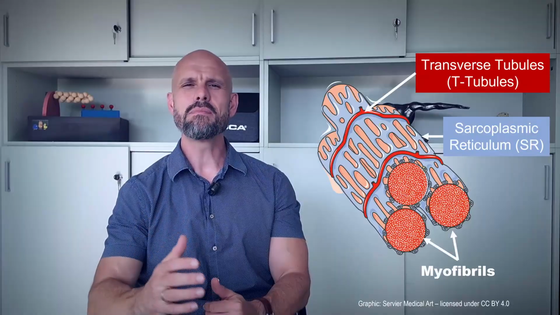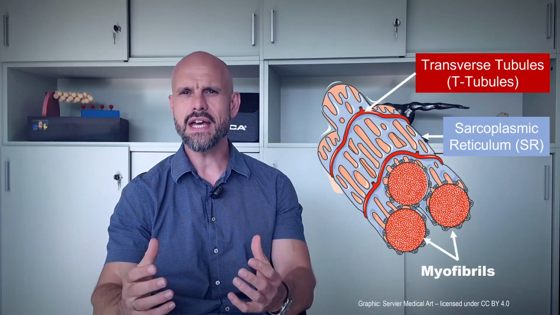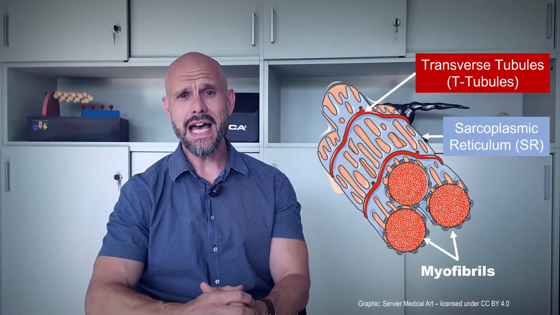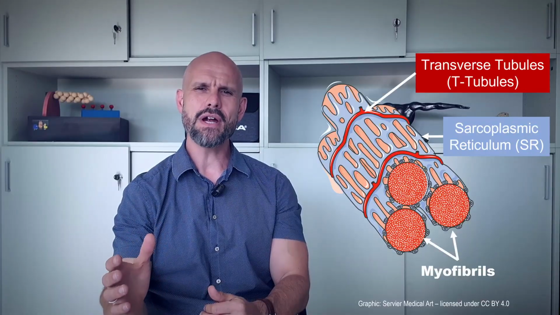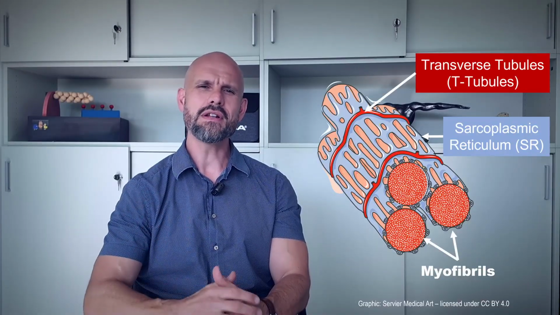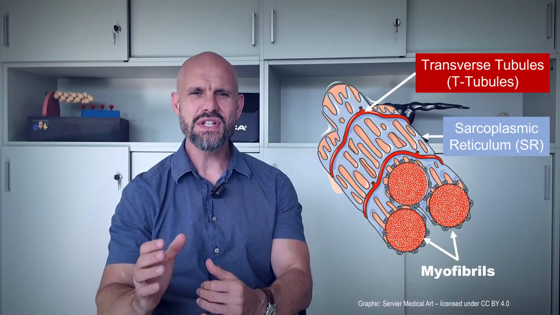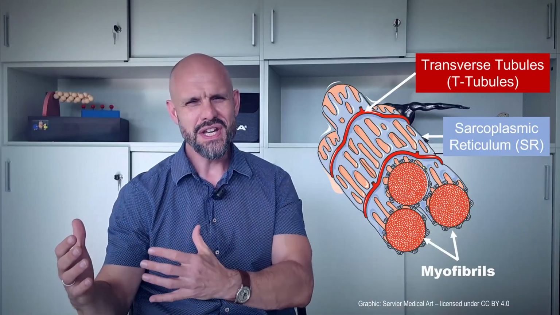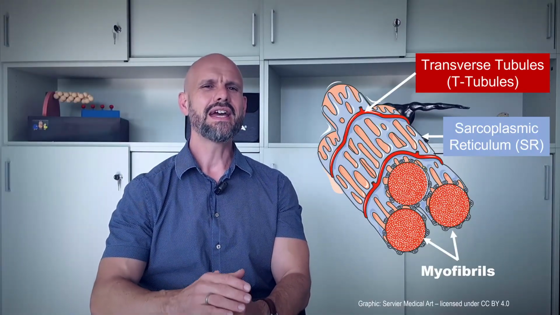Surrounding the myofibrils is the sarcoplasmic reticulum, or abbreviated as SR, a network of specialized membranes that form terminal cisternae and tubules designed to release calcium to initiate the contraction.